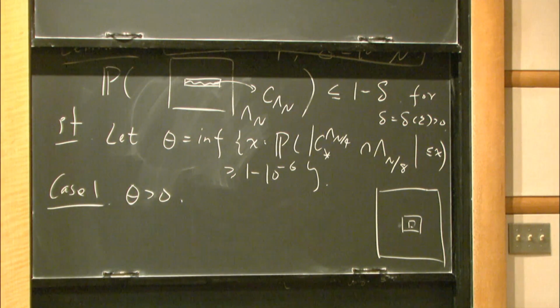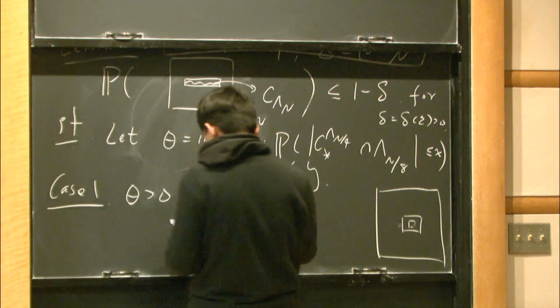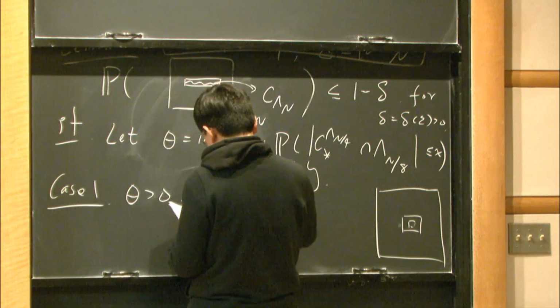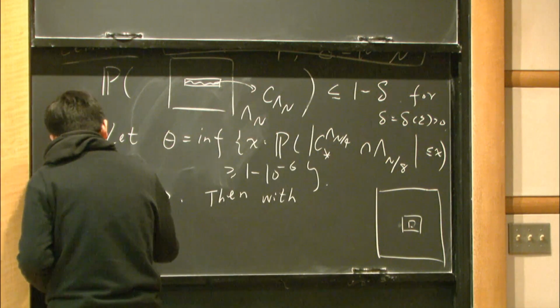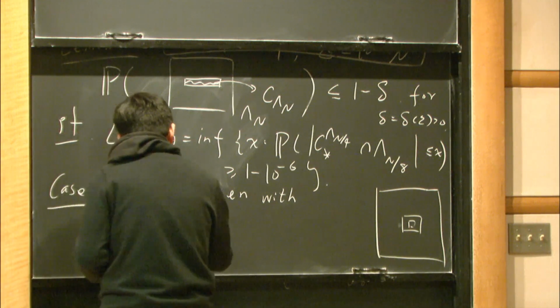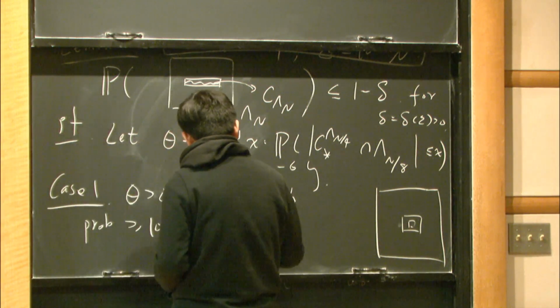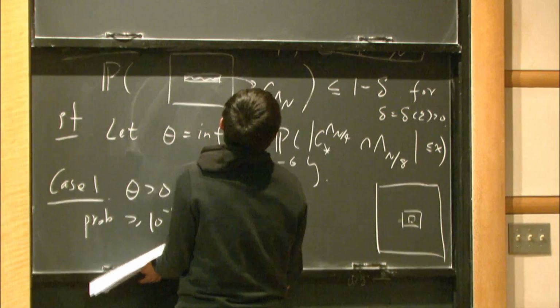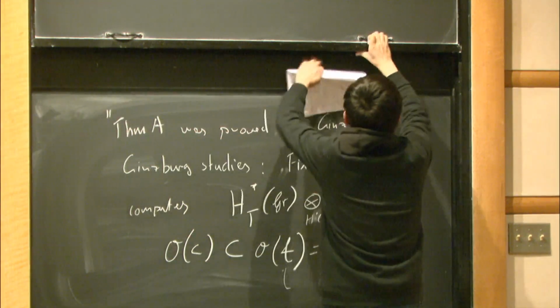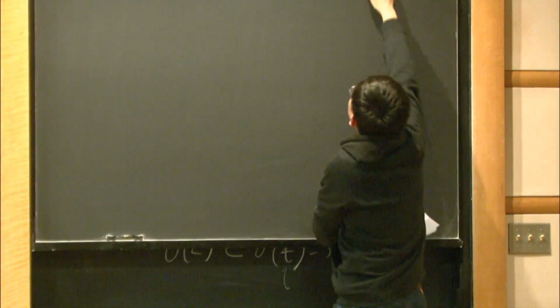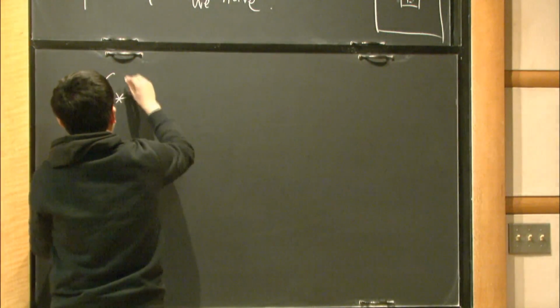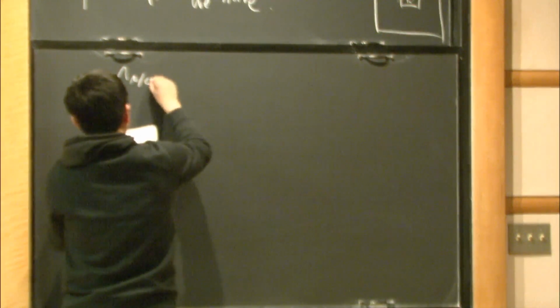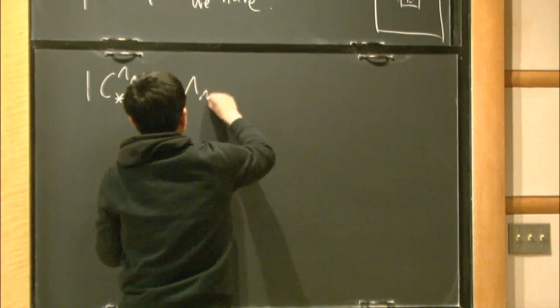So if theta is bigger than 0, then with probability at least 10 to the minus 8, we have C star with respect to boundary lambda n over 4 intersect with lambda n over 8.